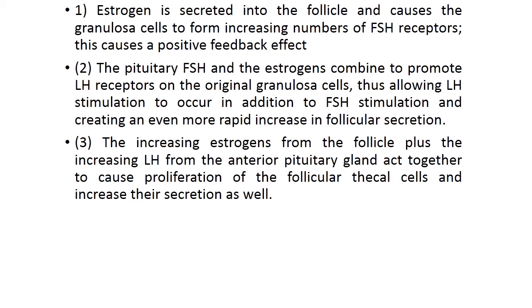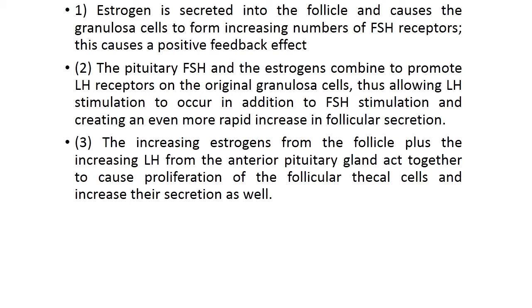The luteinizing hormone that is produced by the pituitary has to reach the ovary, and it requires receptors. So this estrogen and FSH combine and enhance the receptors on granulosa cells, thus allowing luteinizing hormone stimulation to occur. So both FSH and luteinizing hormone stimulation create a rapid increase in follicular secretion.